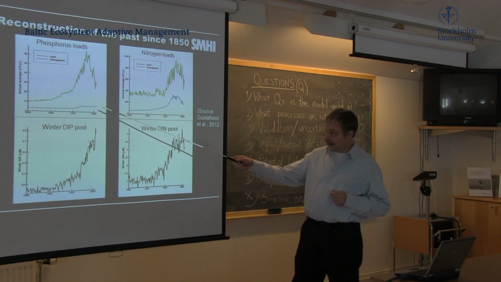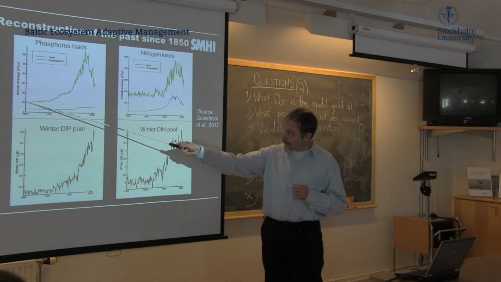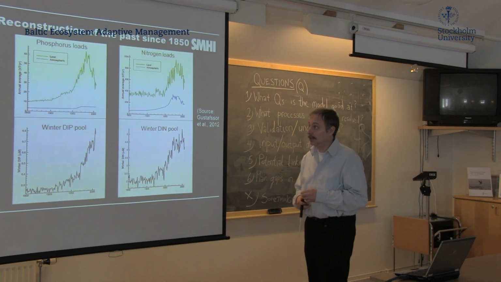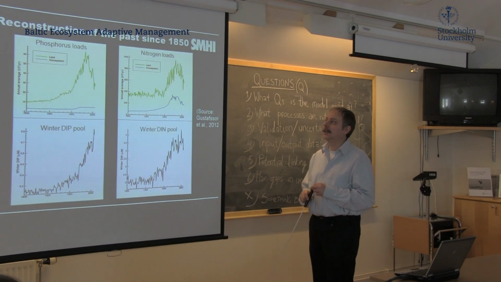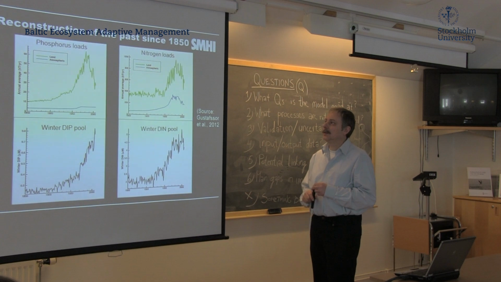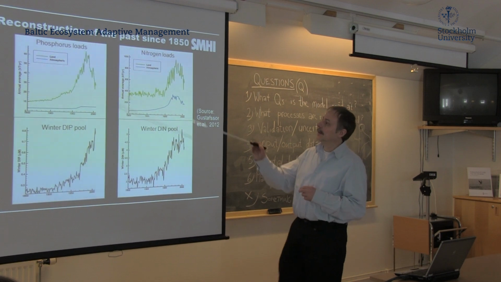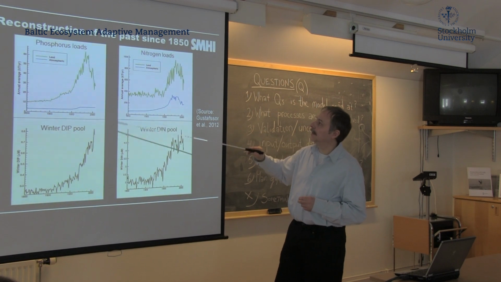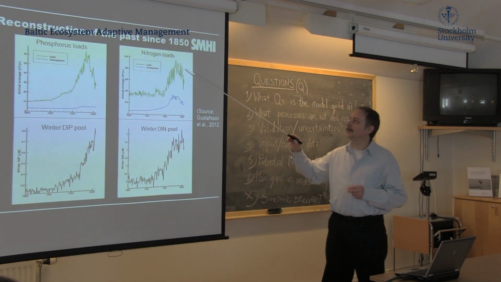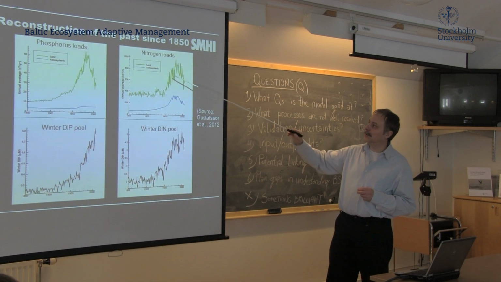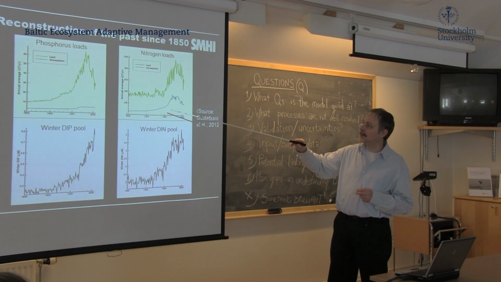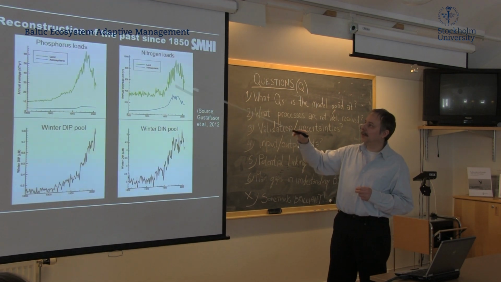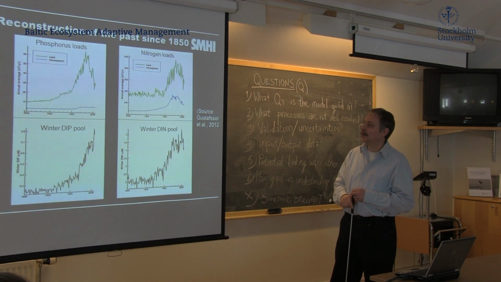You see that it was low in 1850, it went up with the intensification of agriculture and use of fertilizers. It accumulates in the 80s somehow, and then it went down again, and also for nutrient loads. For the atmosphere, it's less clear how it developed, but the reconstruction followed very much the riverborne nutrient loads.